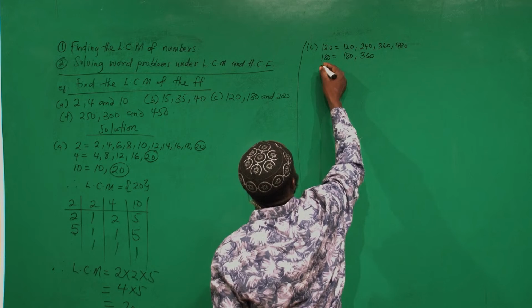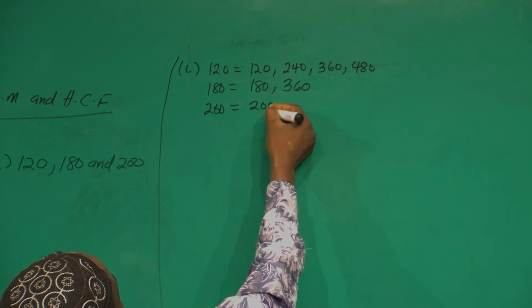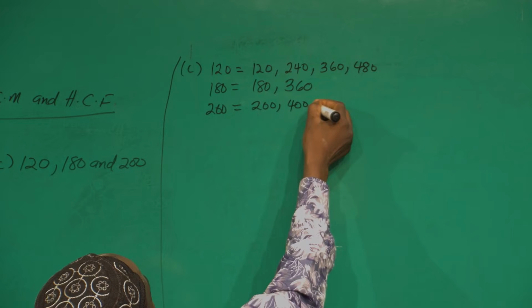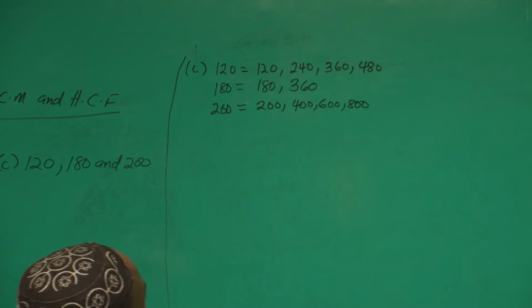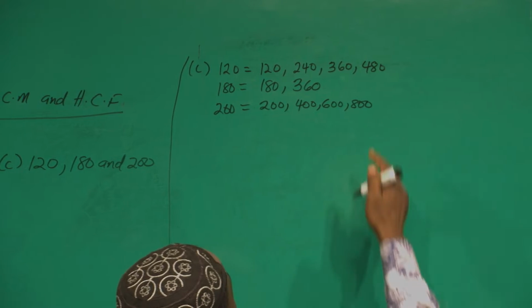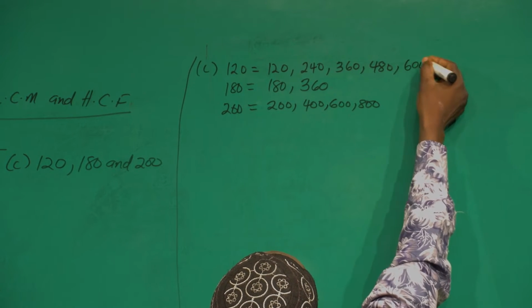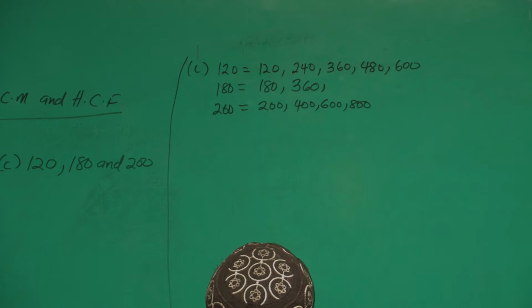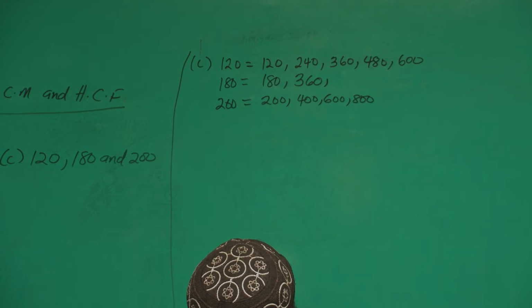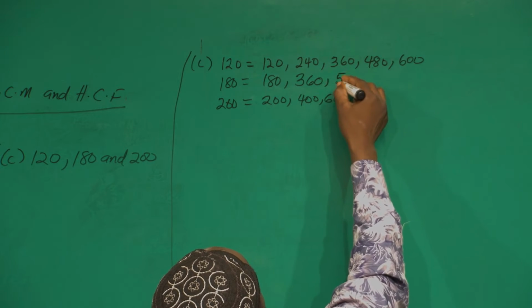Let's see whether the 200 can also produce 360. If no, we continue. 1 times 200, 2 times 200 is 400, 3 times 200 is 600, 4 times 200 is 800. We've not gotten there. So let's go on to this one. If I add another 120, I get 600 here. And with the 180, I add 180, I get 540. 540 here.